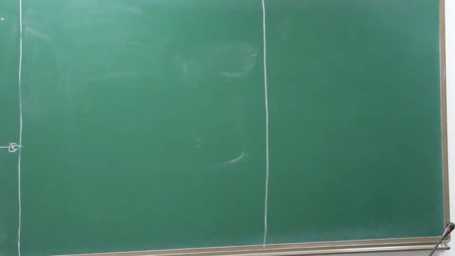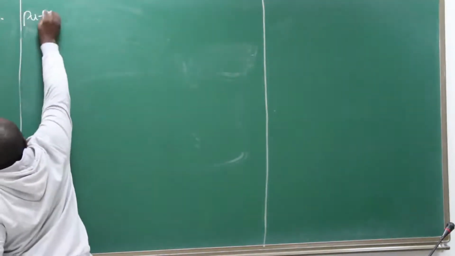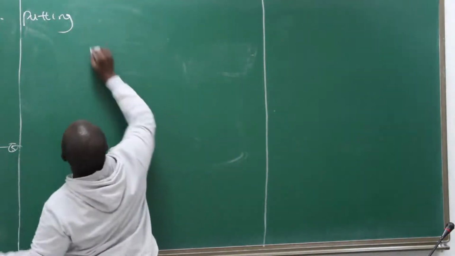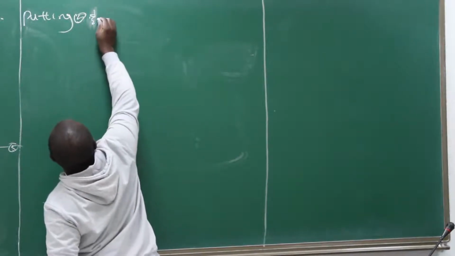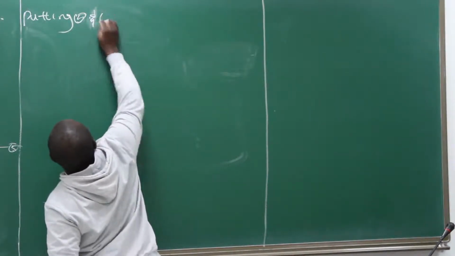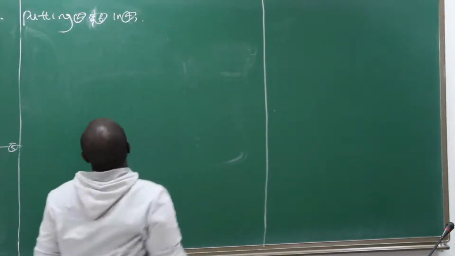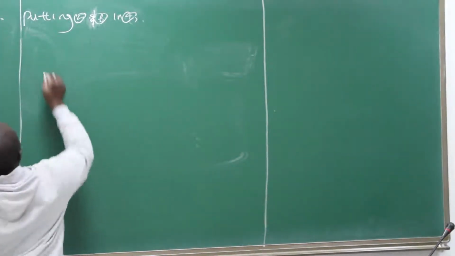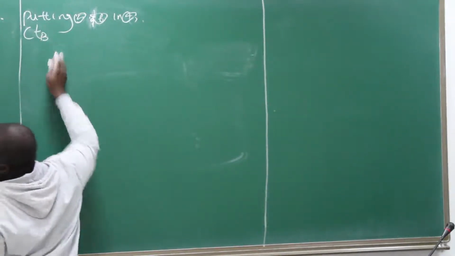So we have these two things here. Can we put these two into 4? So we can say, putting 5 and 6 in 4, we have CTB, right? Is it CTB? Yeah.